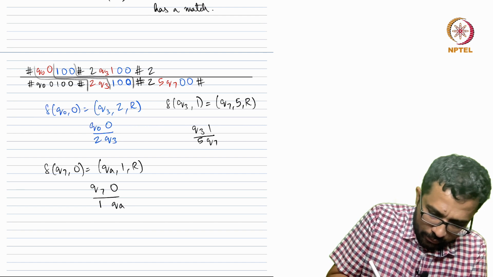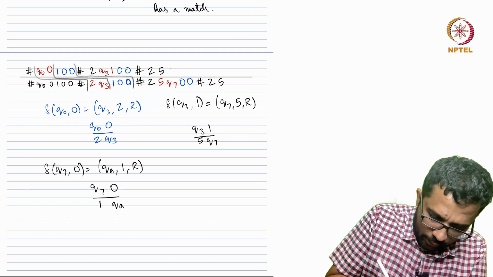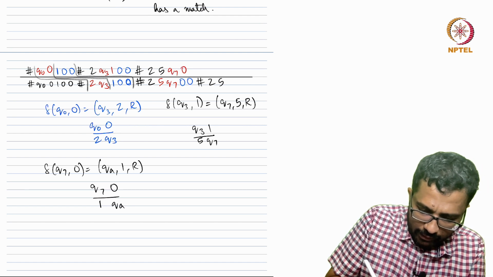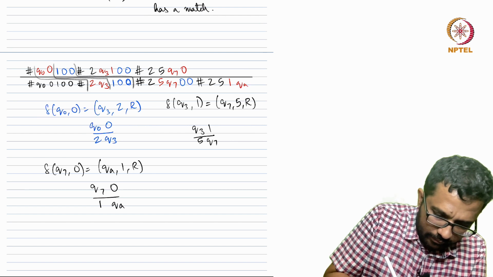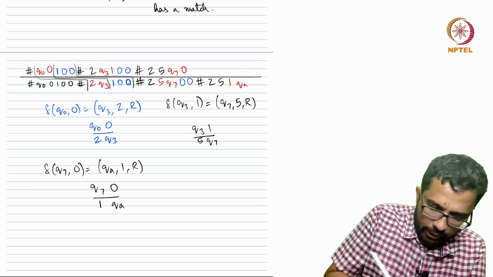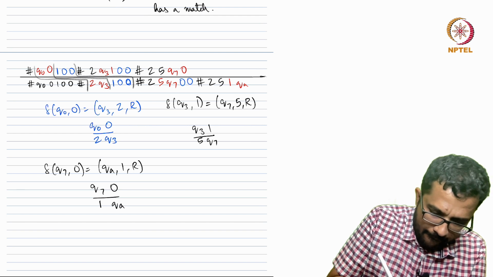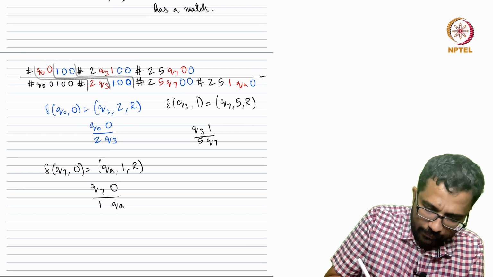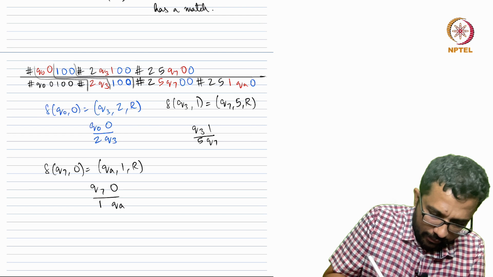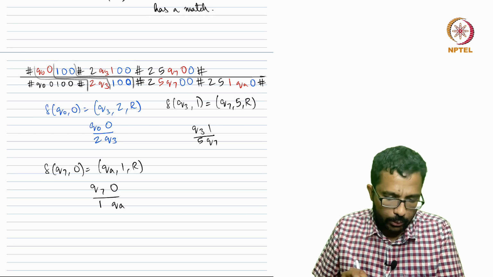So 2 will be 2 here and 5 will be 5, and now q7 0 will be on the top, and correspondingly here we will have 1 q accept. And finally we have a 0 here and a 0 here, and we match up the hashes. So that's the situation now.